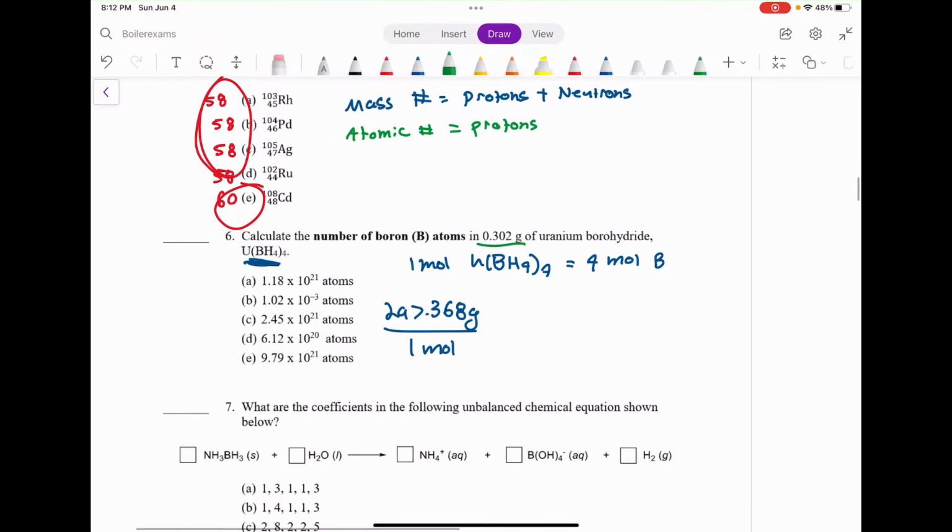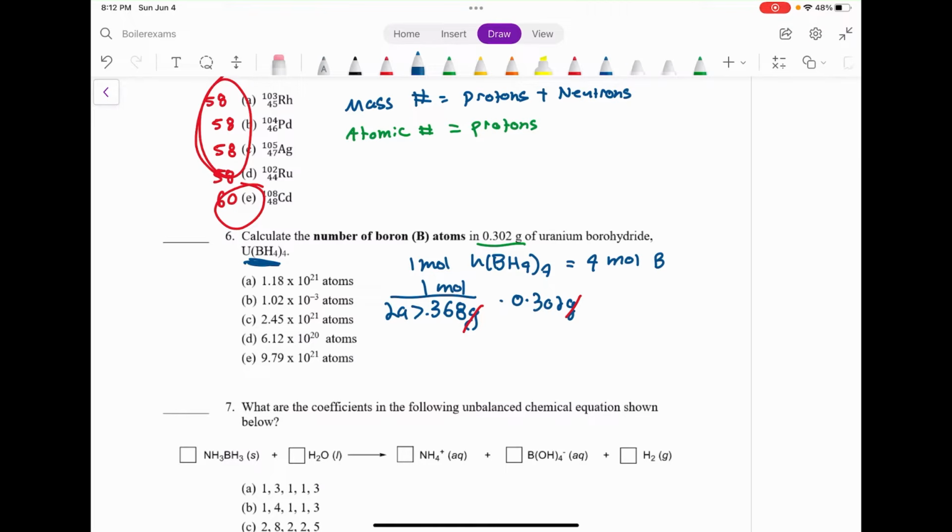So let's flip this, do a little unit conversion real quick. 0.302 grams. Grams cancel. Okay, this is how many moles we have.